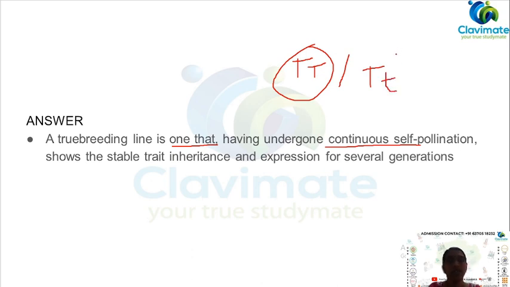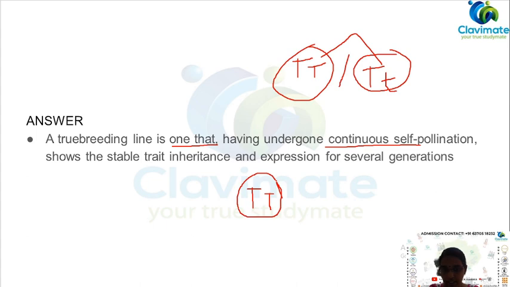Because both will give rise to a tall plant, what you do is self-pollinate. Continuous self-pollination will lead to a plant where only capital T is selected. So only the tall plants will be selected and self-pollinated, and at a stage you can confirm it as capital T because they won't give rise to dwarf plants.